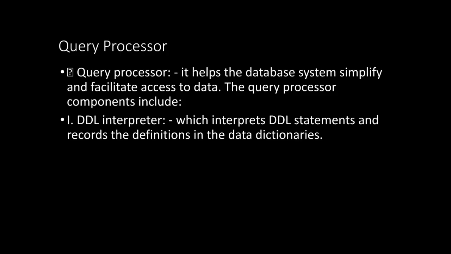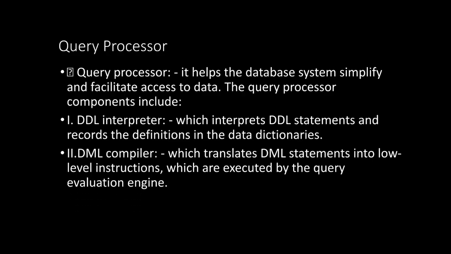It has these 3 things: create, alter and drop commands. So the DBA, database administrator, writes some commands which this DDL interpreter interprets and then stores in data dictionaries. Okay, that is from the disk storage part again. So these interpreted commands are stored in data dictionaries, remember.